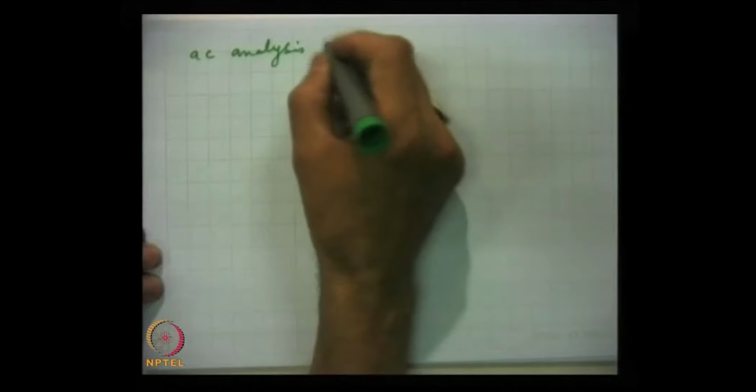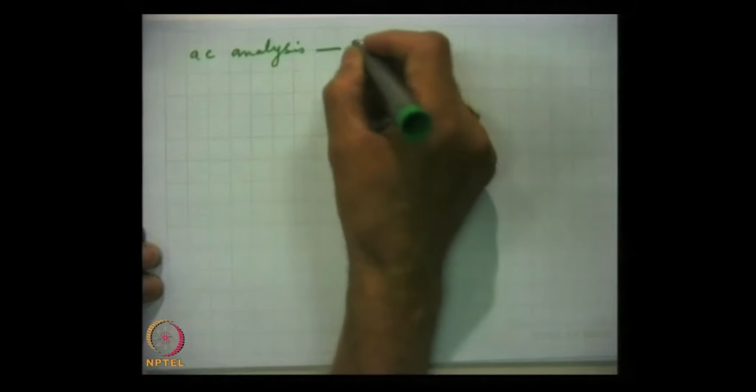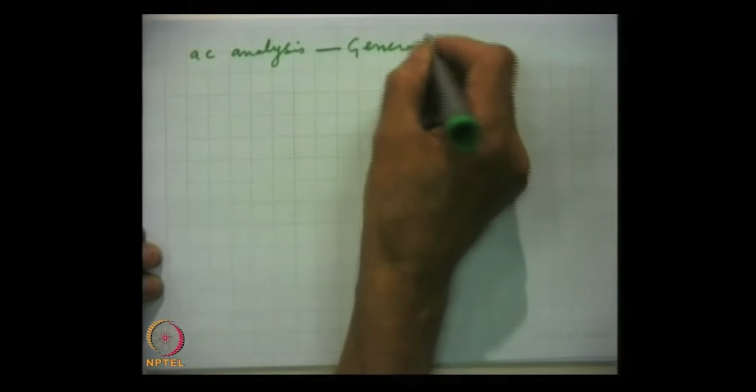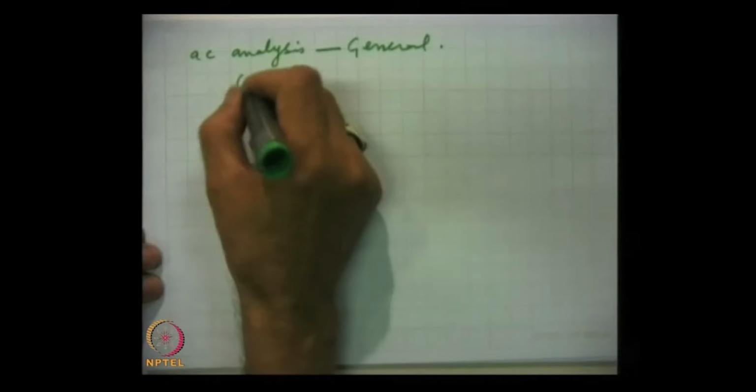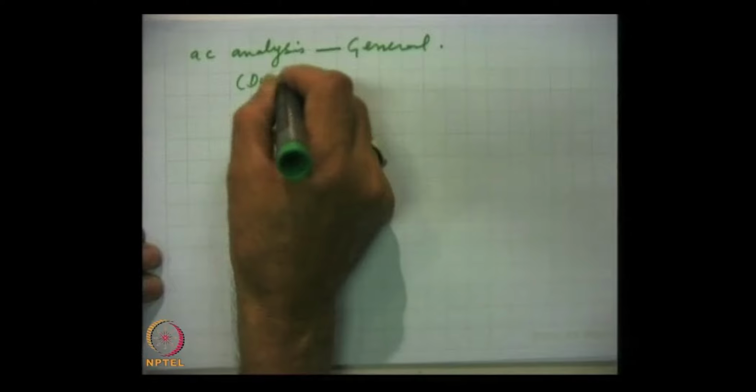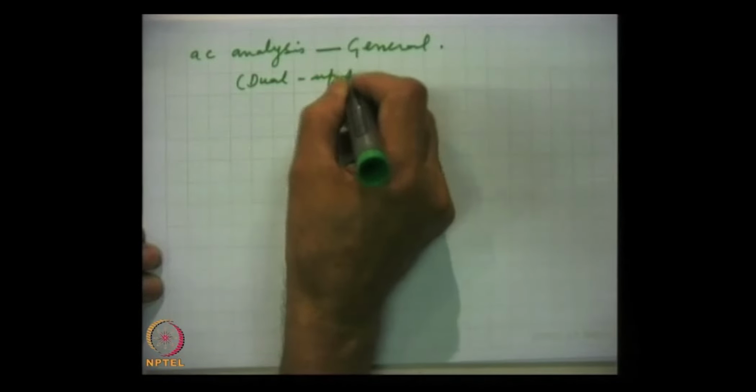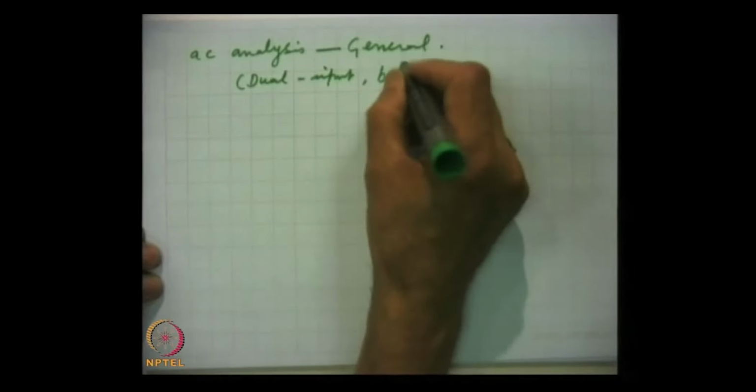So, AC analysis, general, that means the first case, dual inputs, balanced output.